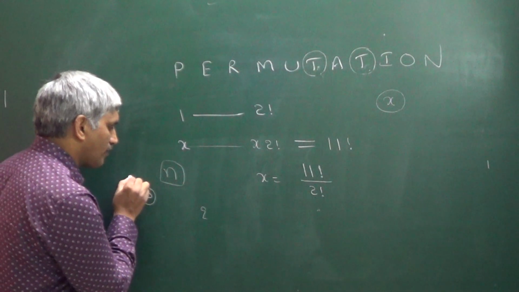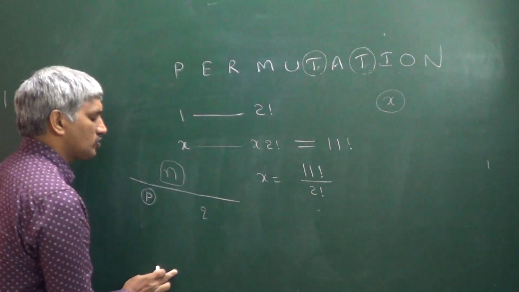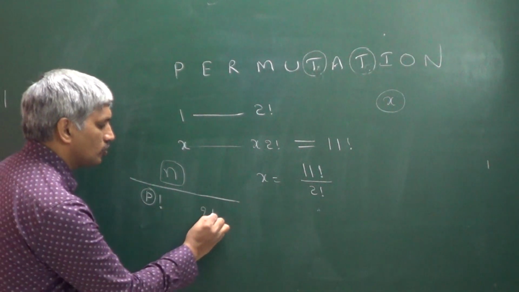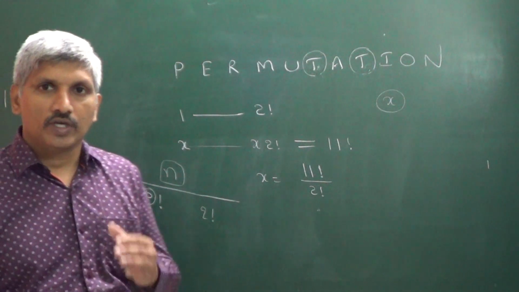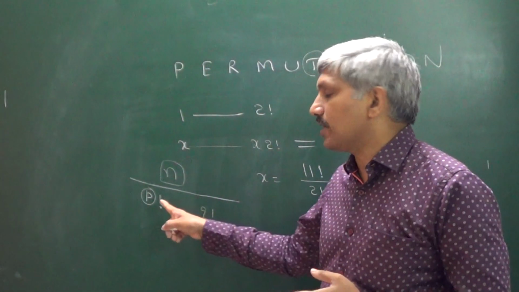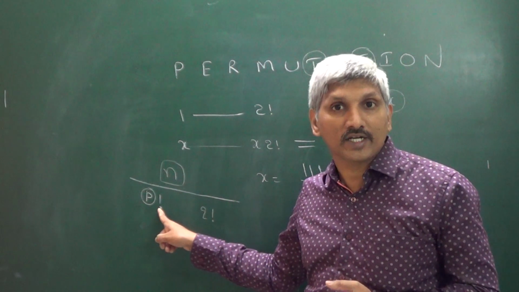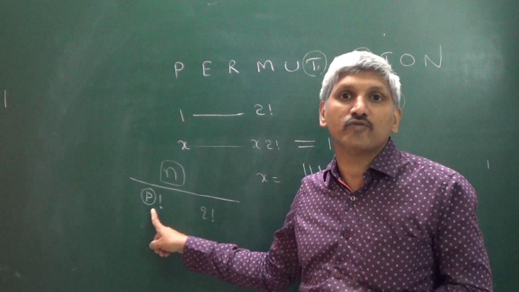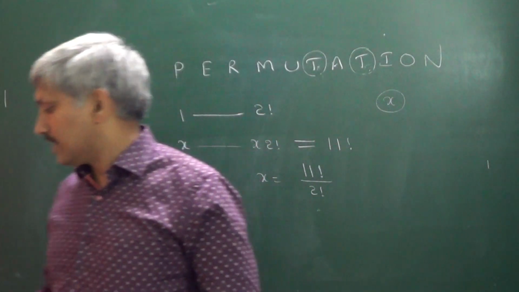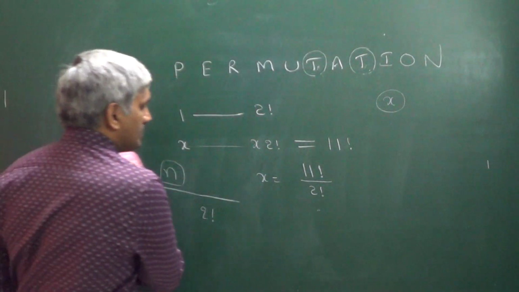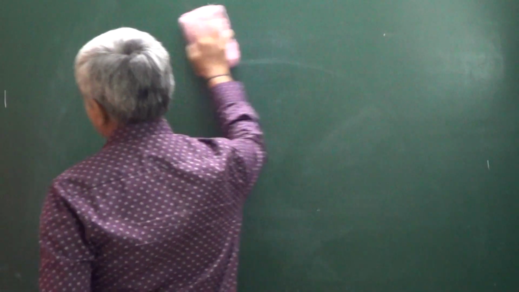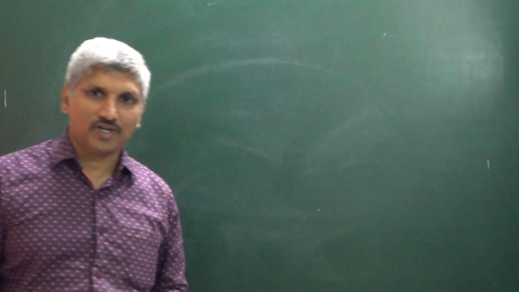Then the number of different arrangements is equal to n factorial divided by P factorial into Q factorial.